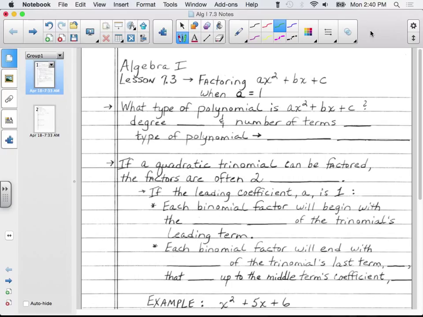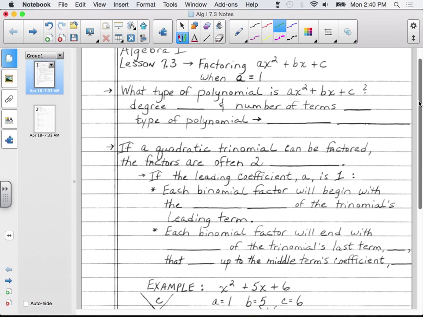So today we're just going to be learning a new way to factor. This is only for a certain kind of polynomial, and it looks like this: ax squared plus bx plus c. So, what type of polynomial is ax squared plus bx plus c? What degree is it? 2.